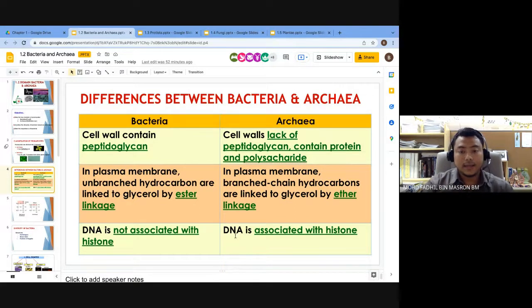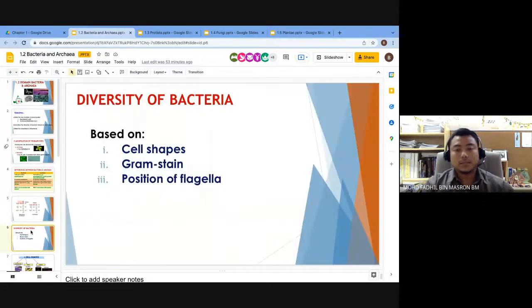So archaea DNA dia ada histone protein ni tadi, but the bacteria do not have histone protein. So here we understand that the similarity of archaea with eukarya such as human adalah DNA-nya associated with histone protein. So that's why they need to be separated.